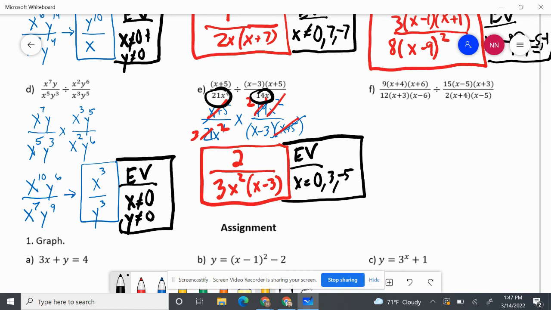Now, if we're looking at the next one, we're going to keep change flip just like the other one. And when we keep change flip, we're going to keep the first fraction the same.